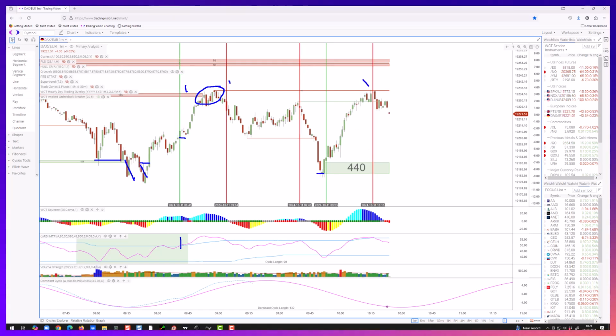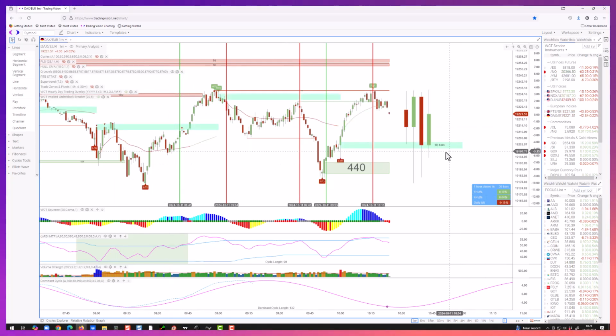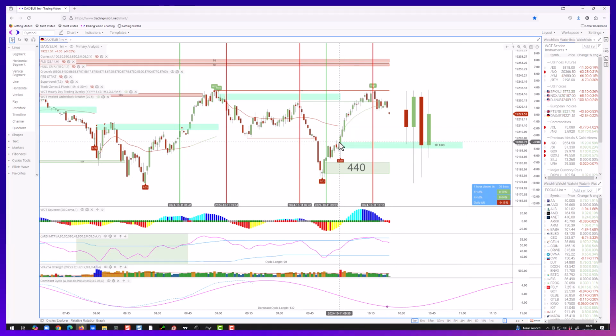Also look what we got at the bottom in terms of order blocks. Now, if I add something else in, which I'm not going to explain, these are additional hourly support and resistance zones from another proprietary set of tools that we use within the Trading Vision software that powers the Wave Cycle Trader Trading Hub. And those also assisted us greatly this morning in trading the DAX.